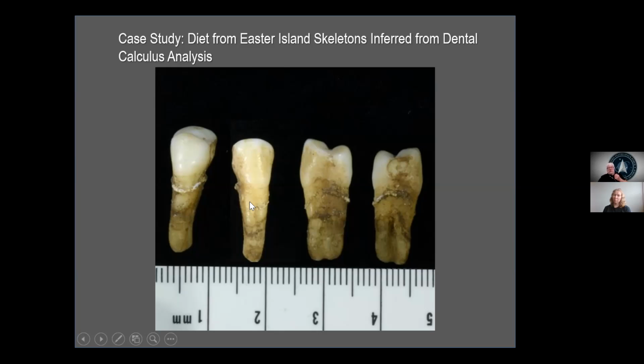Normally, the gum comes up right to the edge of the enamel, or very close to it. But in certain cases where the oral health is not particularly great, you can get the gum resorbing a little bit and showing a little bit more of this dentin here. And this area right along here is where the dental calculus tends to build up.